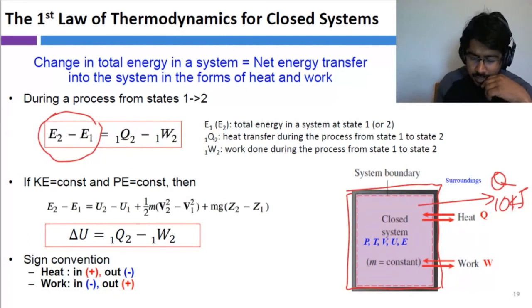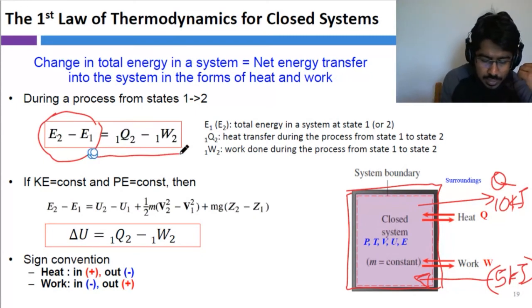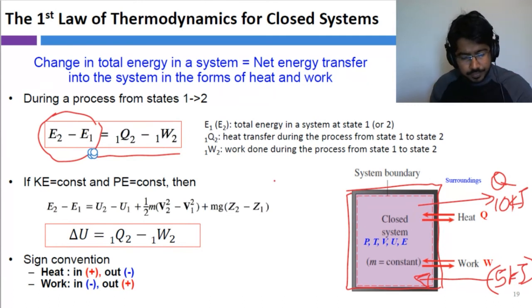And again, the work done on the system is 5 kilojoules of work, right? So now, can you say the total energy change of the system during this process using the equation we just learned? Can anybody give me the answer?